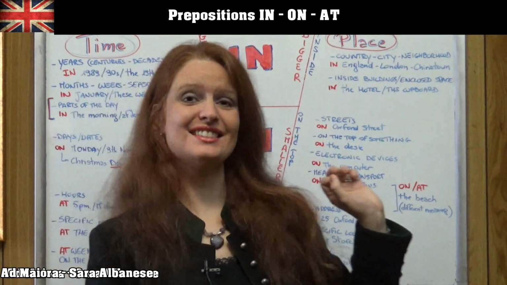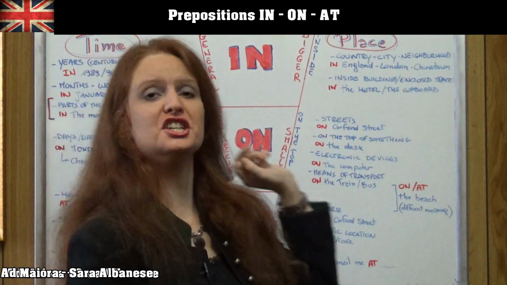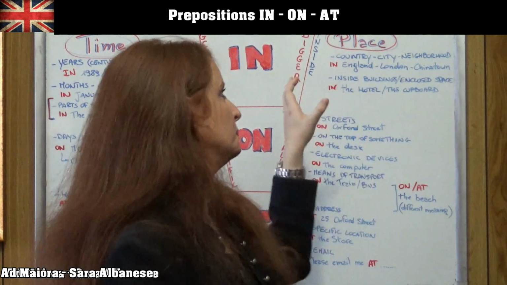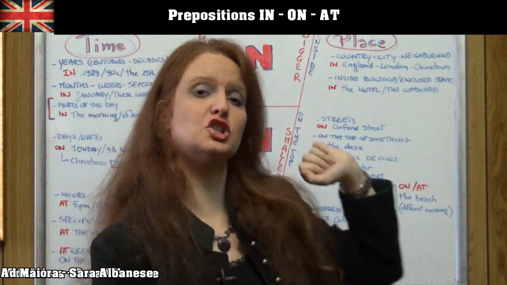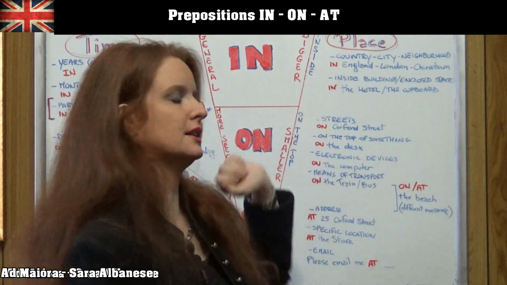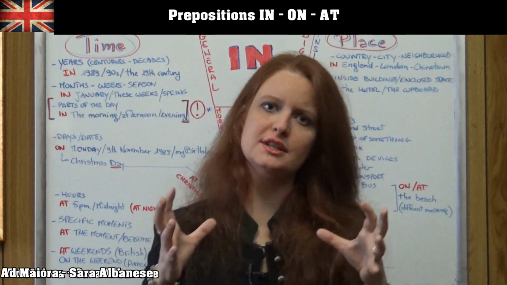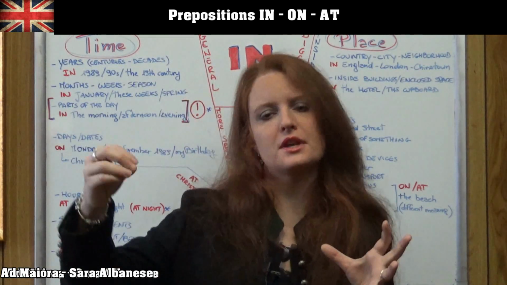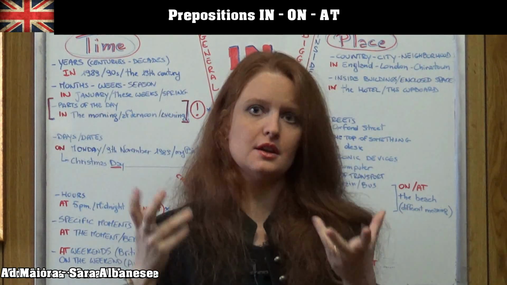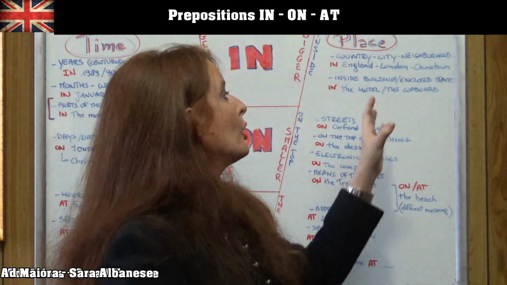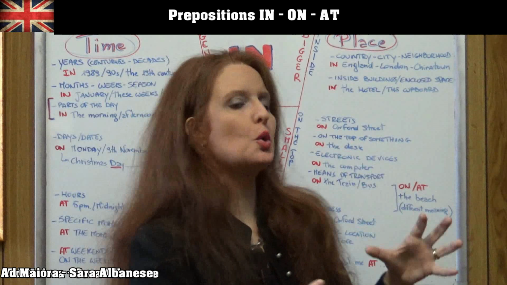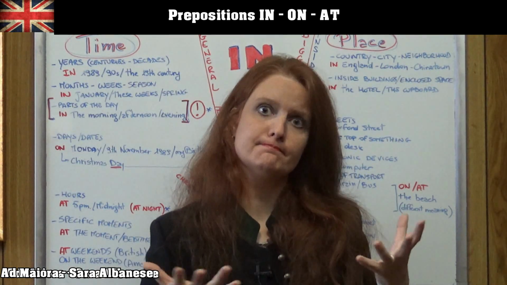Then this is about what we wrote here in red, so bigger places. But there is also another definition here in blue, which is inside. So I use in to express that something is inside something else. Example, inside buildings, for example, or inside enclosed spaces.